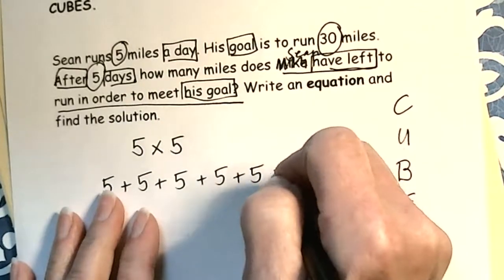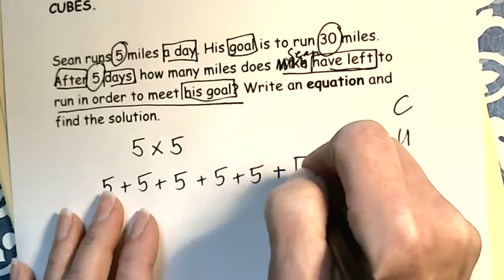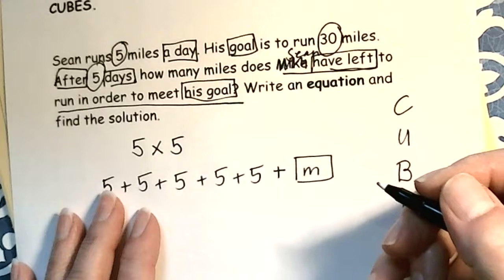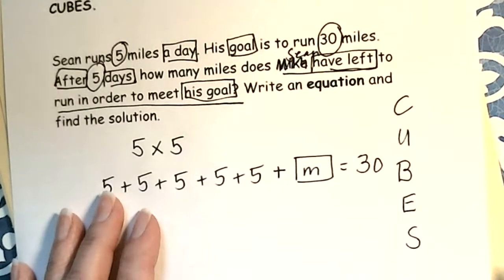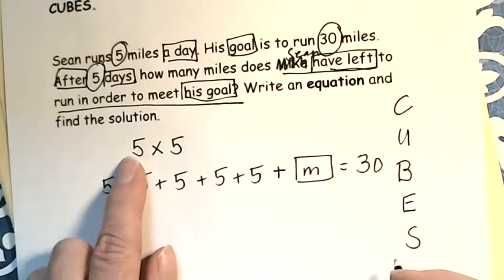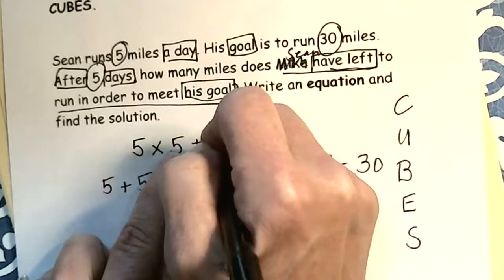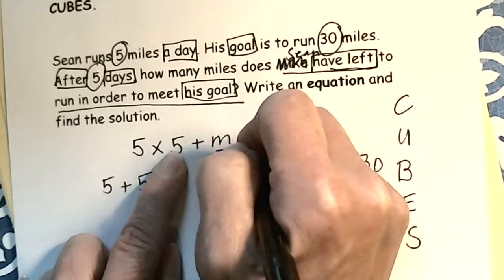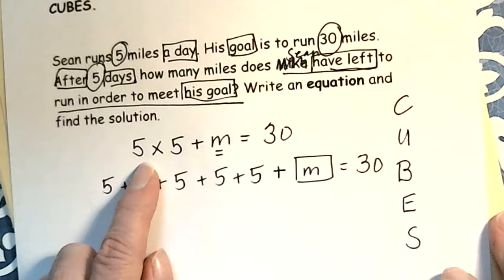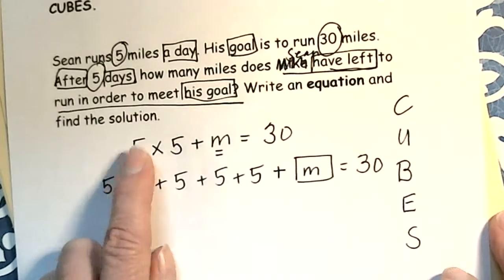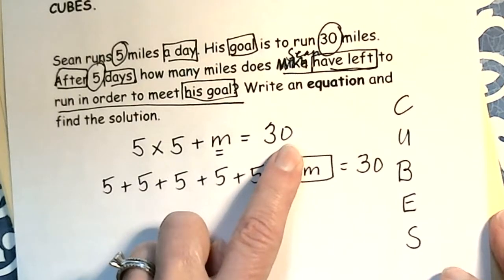So I'm going to say plus, I don't know. I could put a box, or an M for miles, equals his goal, 30. If I did the multiplication, I would do 5 times 5 plus M for miles equals 30. So I need to figure out how many more miles he needs to run to reach his goal.